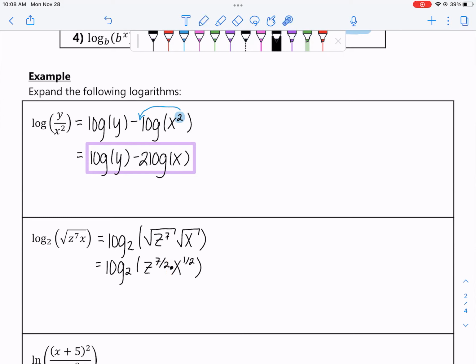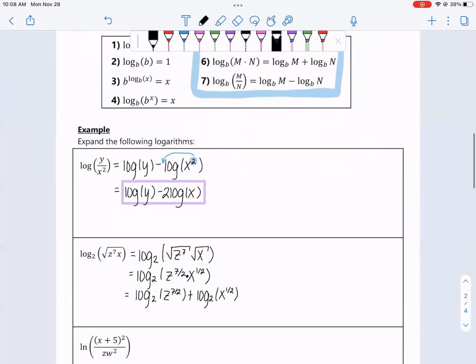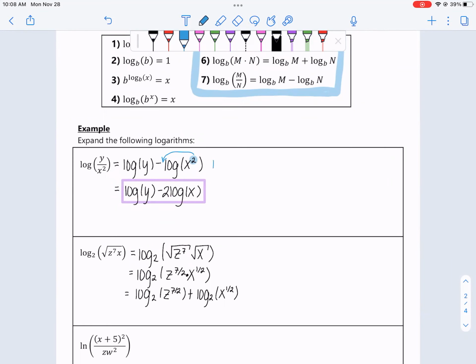Multiplication on the inside turns into addition on the outside. So this is log base 2 of z raised to the 7/2 plus log base 2 of x to the 1/2 power. This is by rule number 6. This guy right here, we used rule 7, and then we used rule 5.